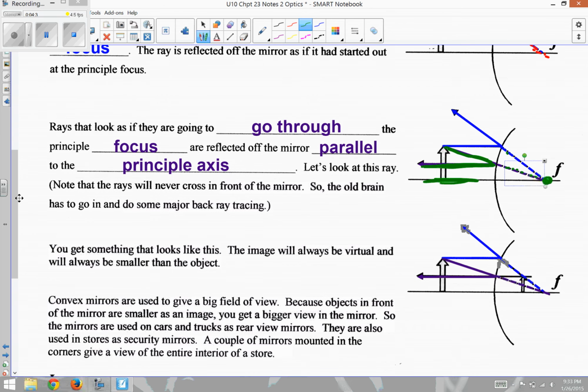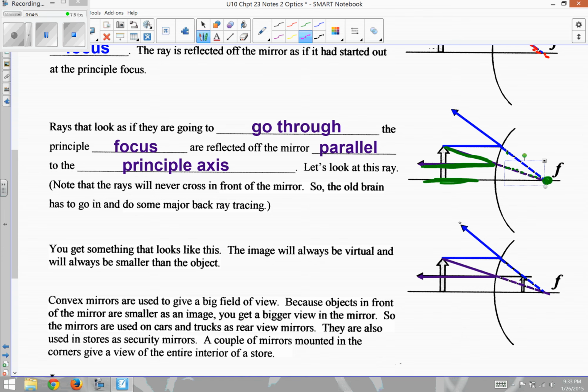To figure out where the image forms, how big it is, and if it's inverted and all that kind of stuff, you have to look at these imaginary back ray tracings. We're following the reflected light.